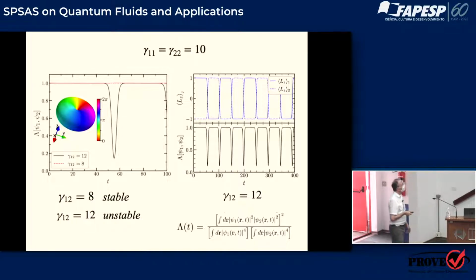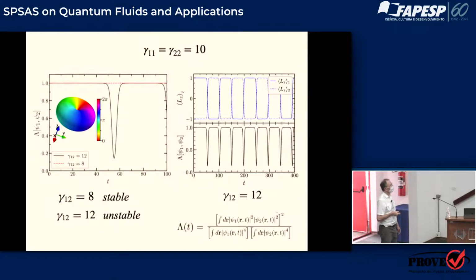Let's see in the stable region, gamma 1,1 in the X case equal to gamma 2,2 equal 10. So gamma 1,2 equal 8 is stable, the red dotted line. And if we increase to 12, it will get unstable. And in this particular situation, it oscillates. You can calculate the total angular momentum of each species, and you get that it switches from 1 to -1.